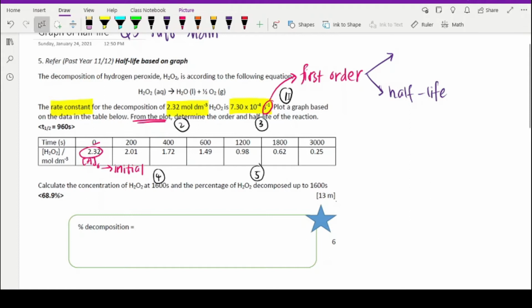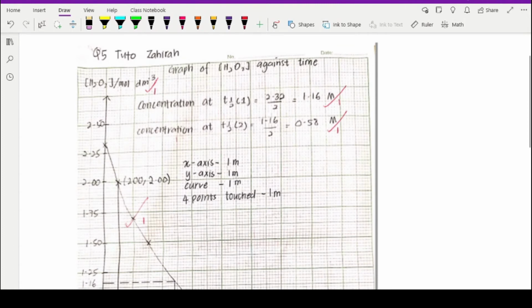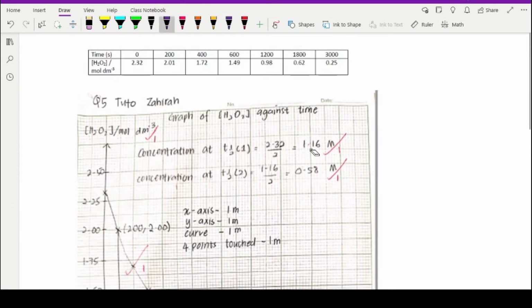So let's answer the question. I've already plotted the graph, and second, I need to determine the order, and third is to calculate the half-life. First, you need to calculate the concentration at the first half-life. Your A naught is 2.32, right? So divided by 2, you've got 1.16 molar.